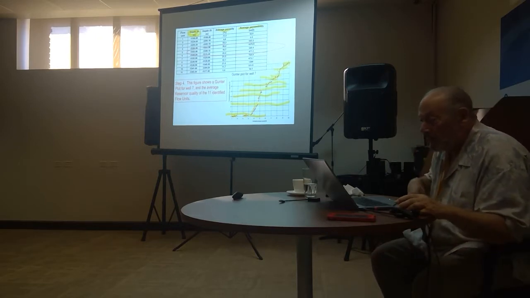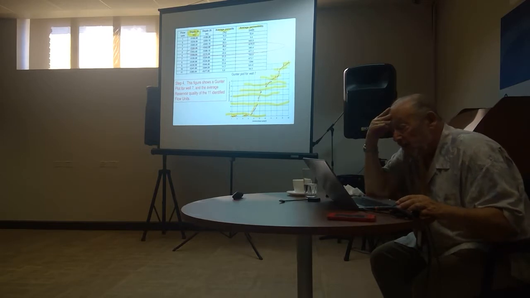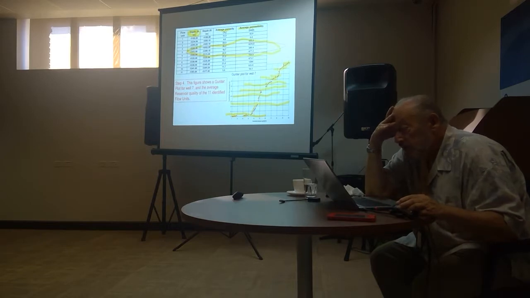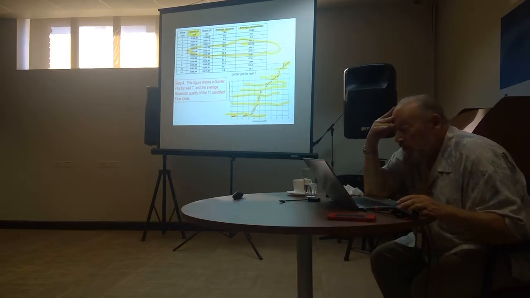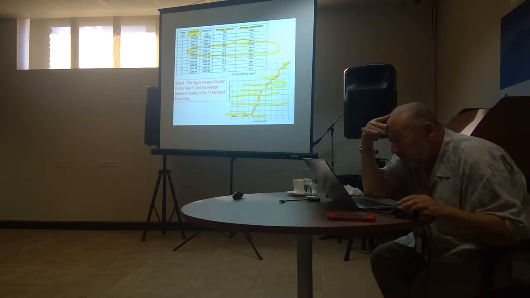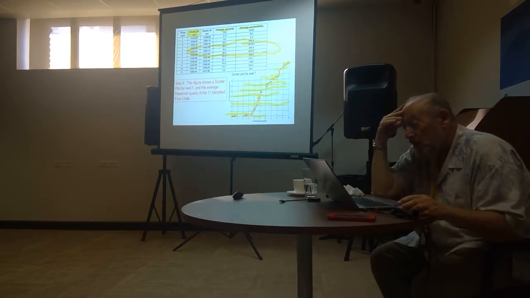And what we find, for example, I've highlighted here your best flow units. This is going to be your best flow unit, number 4. That's this one here with the steepest slope. Flow unit number 6 is your second best, and it's got a relatively steep slope as well.